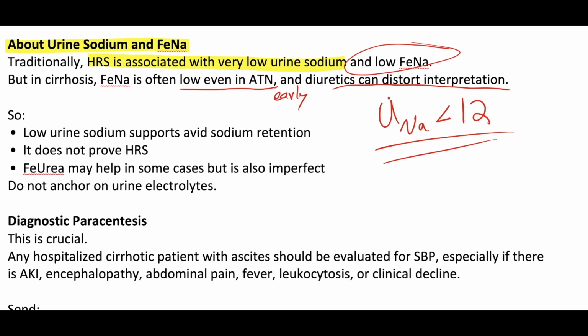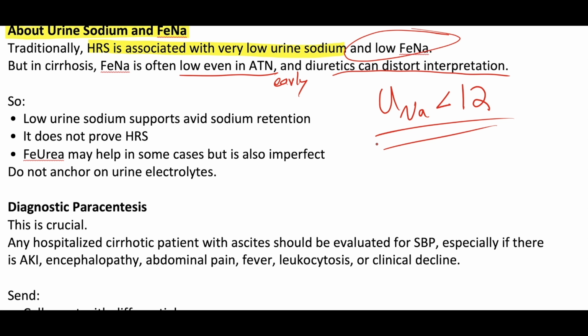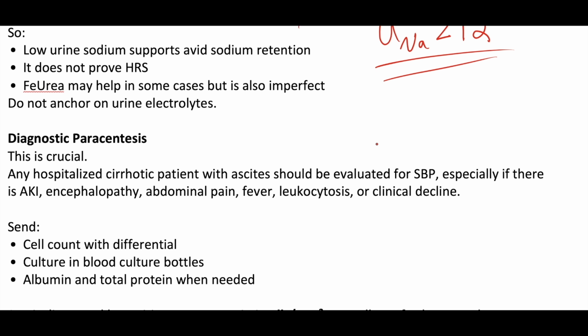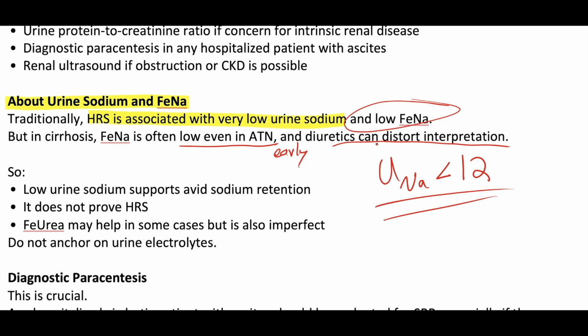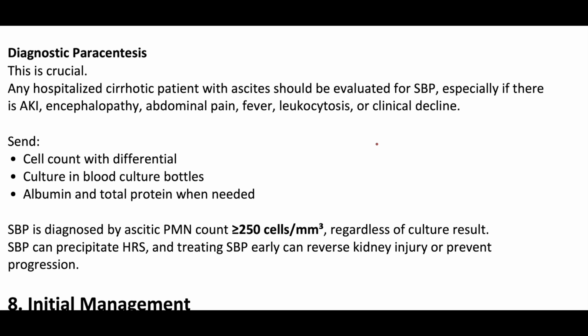Just to note, but this is something you should send, right? It's another piece of data within the larger spectrum. And if it is low, it can support a diagnosis of HRS if the rest of the clinical context is aligned.